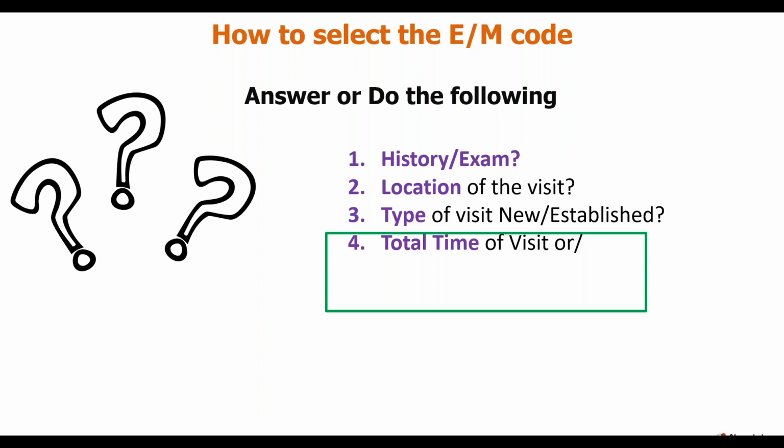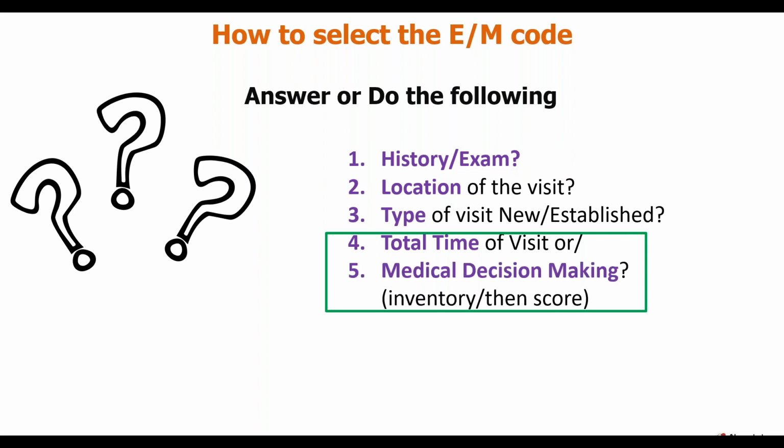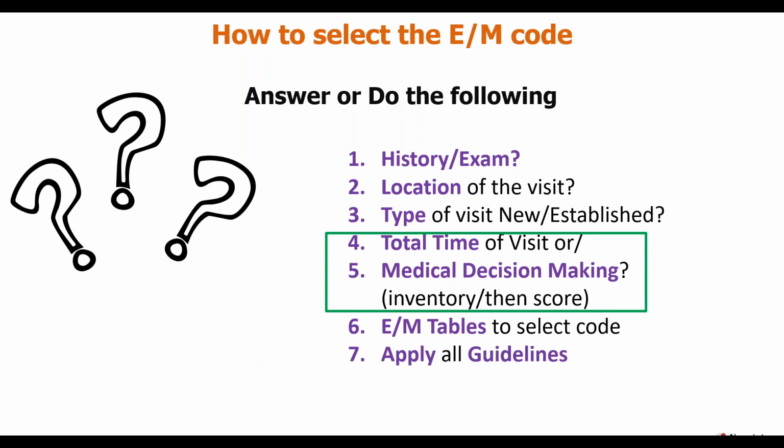We will also check the total time of the visit and the medical decision making. If the total time is not documented, we are going to inventory the MDM and then score, and then select the E&M code from the evaluation and management table. And finally, we will apply all the guidelines.